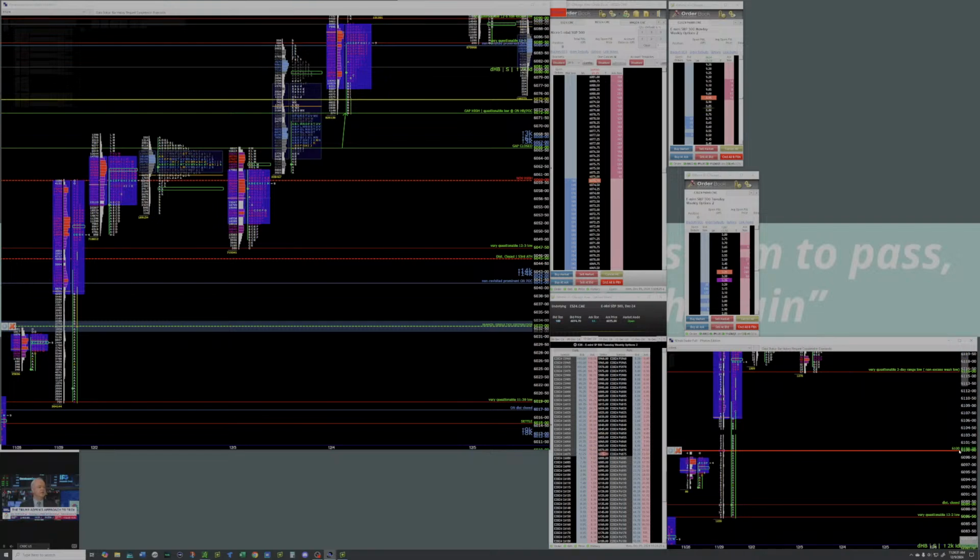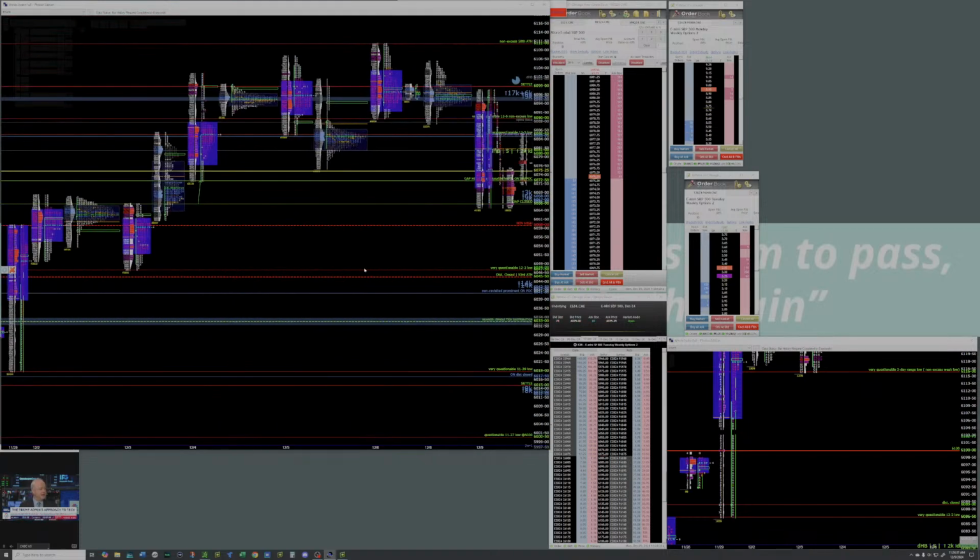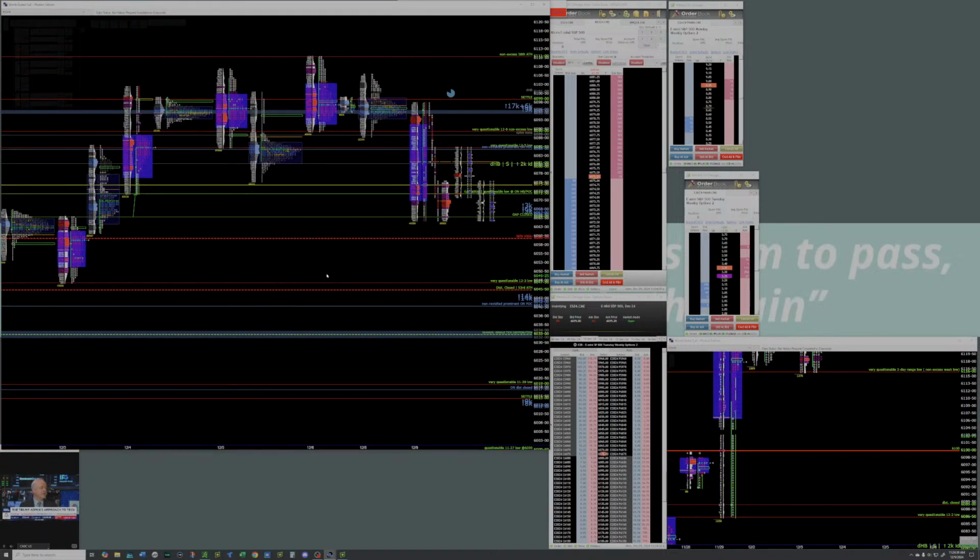It coincides with 6100. This might be a potential ultimate destination of the movement here. It doesn't have to happen today, right? Low volatility. When we have low volatility, ranges are also not that big.